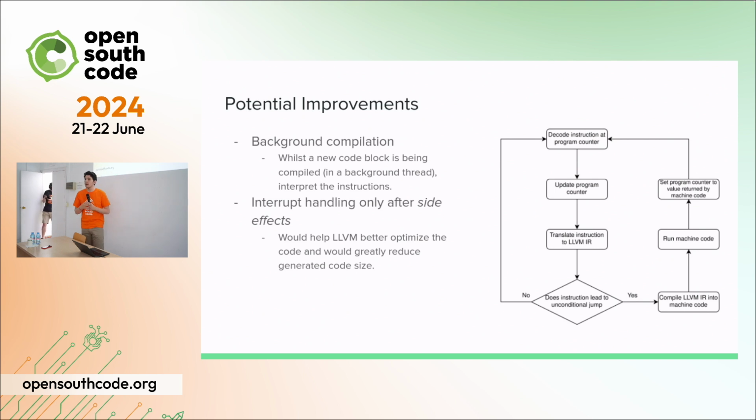But in the meantime, I'll just be interpreting those instructions and moving forward. This makes the program more complex, but would solve the issue of having those stutters, because we wouldn't actually be stopping the execution of the program.